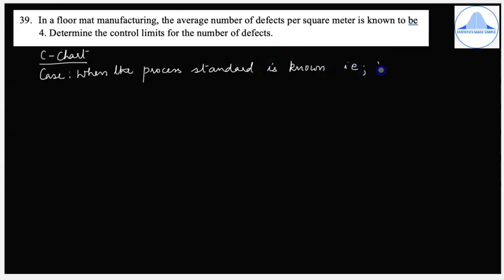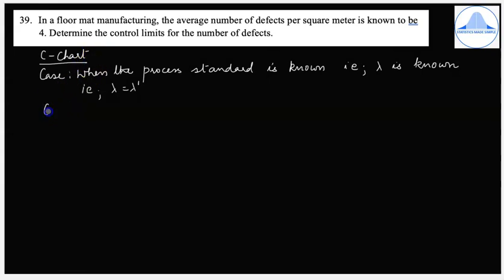I'll write C chart. C chart stands for the number of defects chart. The case is when the process standard is known, that is, lambda is known to us, or lambda is equal to lambda dash.